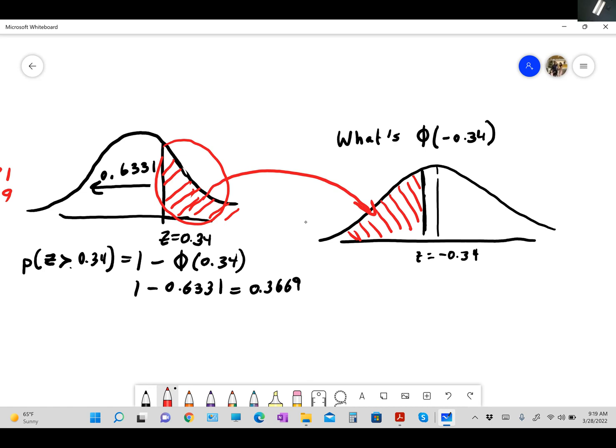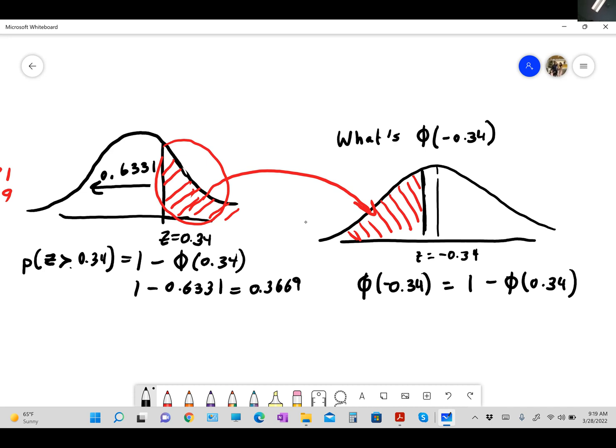Therefore, the phi of a negative z-score is just going to equal 1 minus the phi of the positive one. That's all it is. That's how you figure out the phi of a negative z-score. It's 1 minus the phi of 0.34.